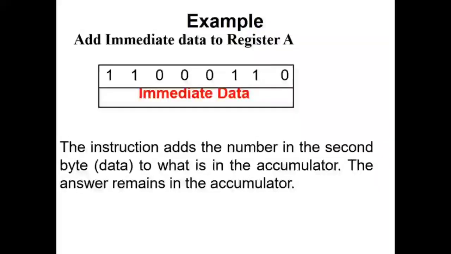One format is adding what is in the accumulator to another register. And the second format, we have seen how we add immediate data to the accumulator.